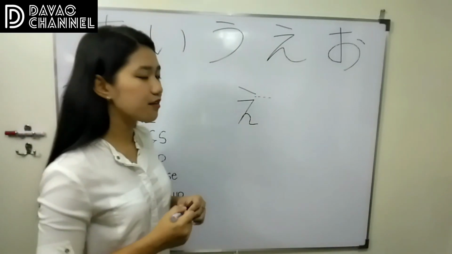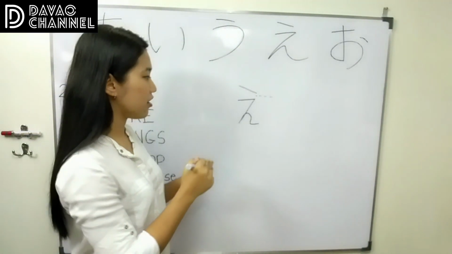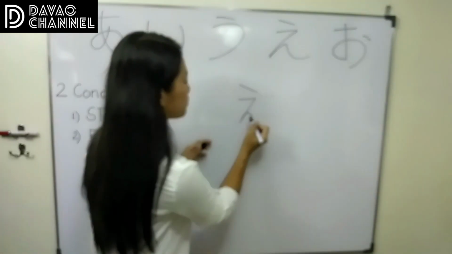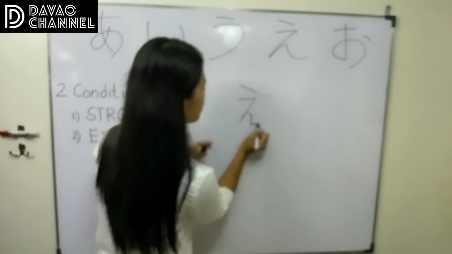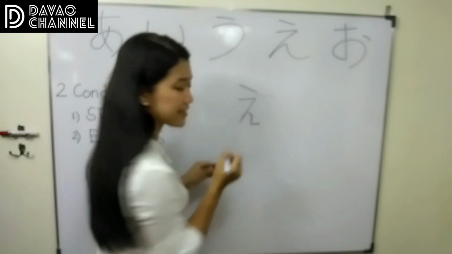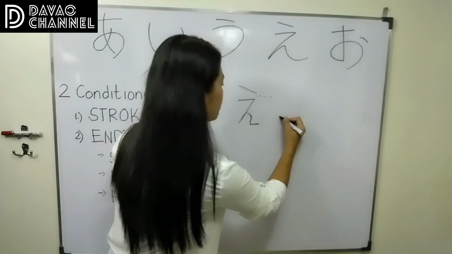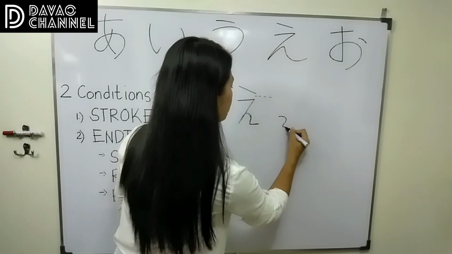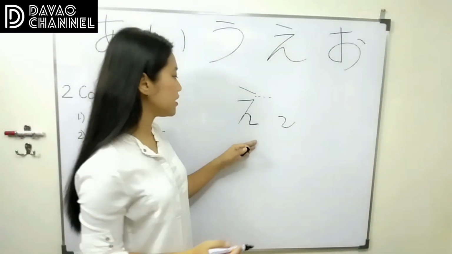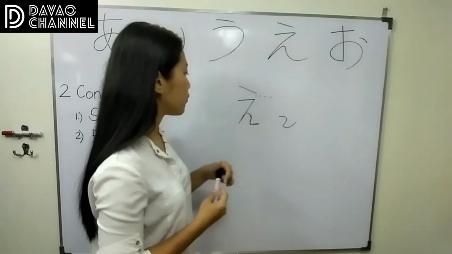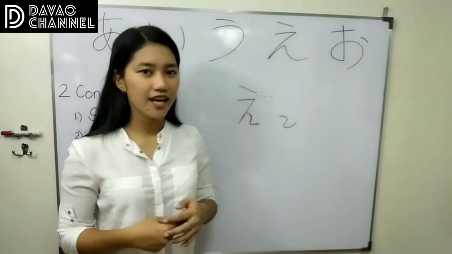And the second thing that we should remember is the ending of this letter E. As you have noticed, when you go down in here, our ending looks like this. What I mean is that when you go down in here, don't do it like this, so that we have the correct shape of our letter E.